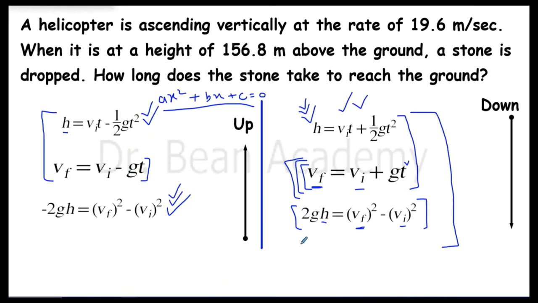Let's see the equations. Here are the equations for the downward motion. So I want to calculate time t, and these two equations actually have time t in them. The third one is useless in our case.